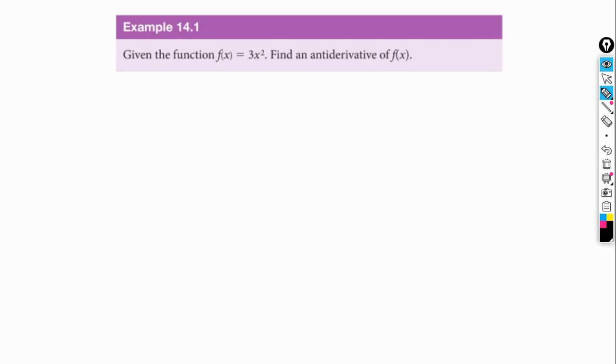Okay, so here we are now with example 14.1, and they ask us the following. Given the function f of x equals 3x squared, find an antiderivative of f of x. So in general, if we want to find an antiderivative, let's say that the derivative of the antiderivative capital F of x gives us x to the n.